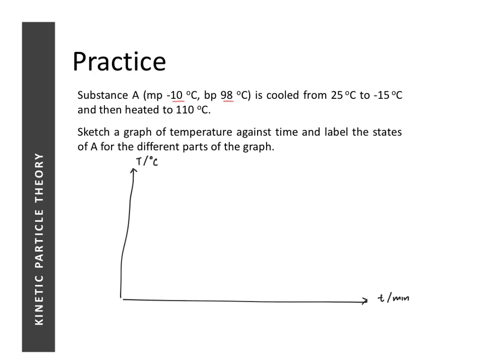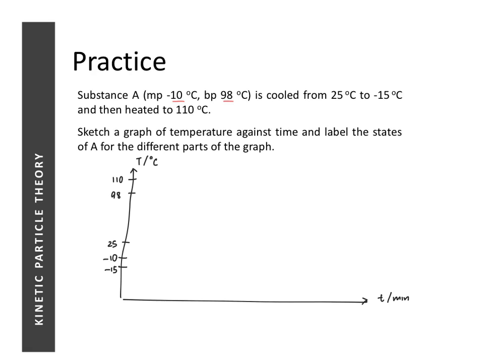For example, there is 110, 98, 25, and then -10, and -15. So step number 2, which is also the most important, is to write in all the temperature values onto the y-axis first.